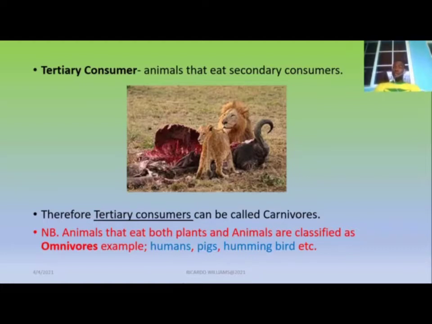So an example would be us humans. We eat both plant products and plants themselves, and we also eat animals and animal products, right? So we fall in the category of omnivores because we eat both plants and animals. You have other animals that do, like pigs. Pigs fall in that category, right?